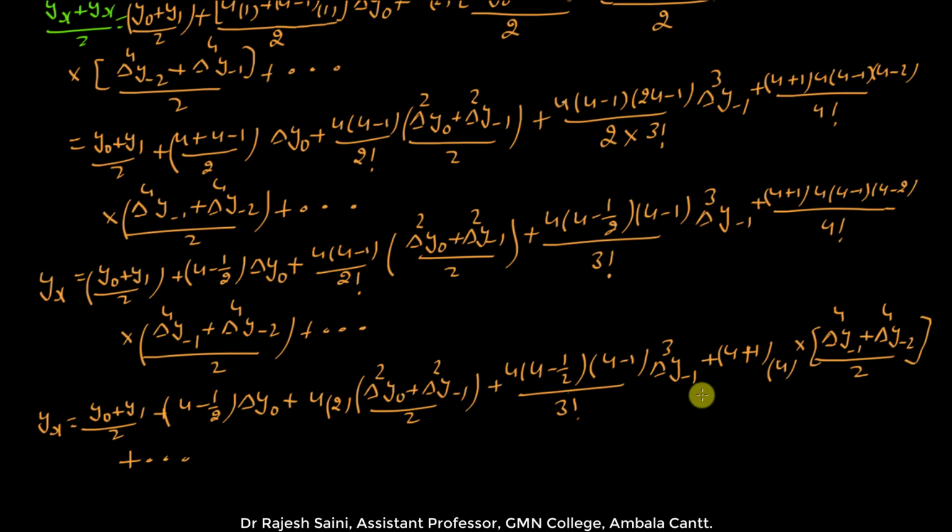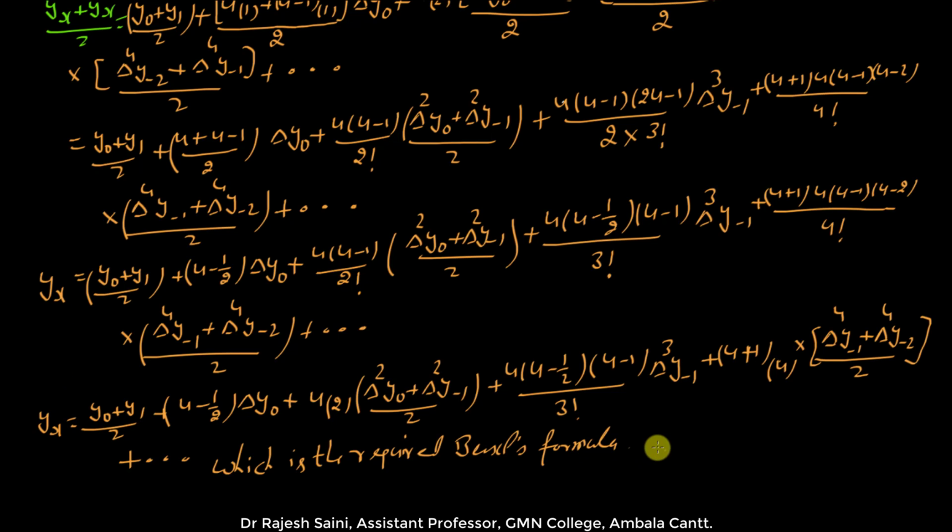So this is the compact form of Bessel formula, where we have written this quantity in subscript notation. So which is the required Bessel's formula.